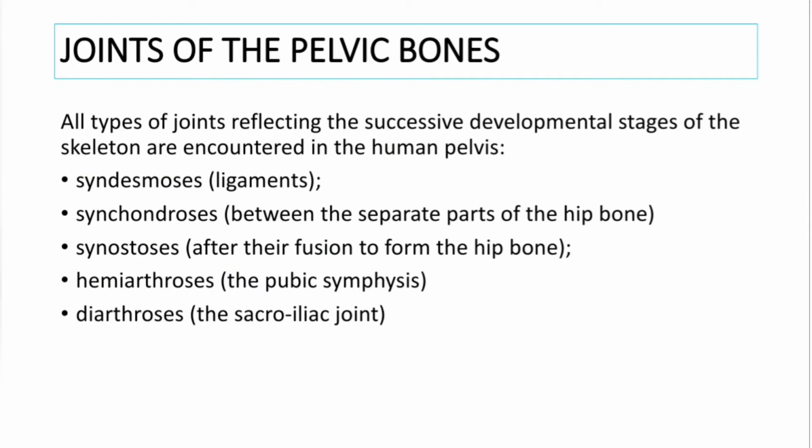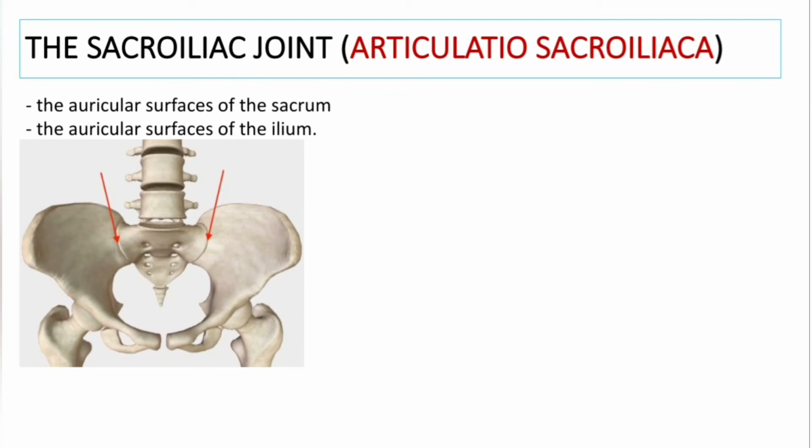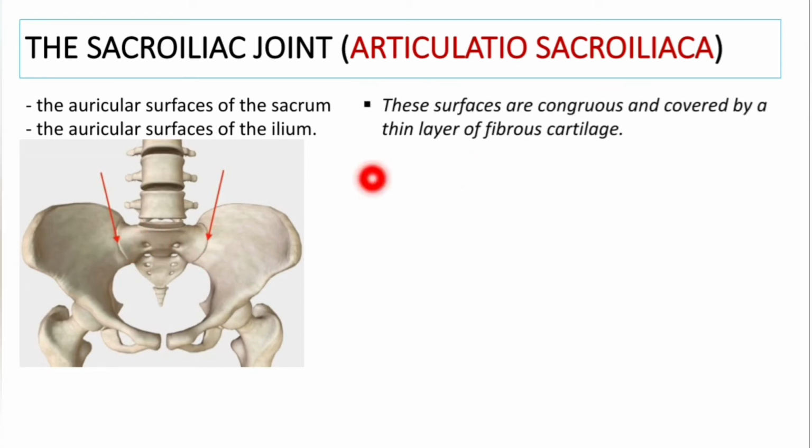Okay, so let's talk about the sacroiliac joint, articulatio sacroiliaca. This joint is formed by the articular surfaces of the sacrum and the articular surfaces of the ilium. You can see labeled here the sacroiliac joints. These surfaces are congruous, and they are covered by a thin layer of fibrous cartilage.